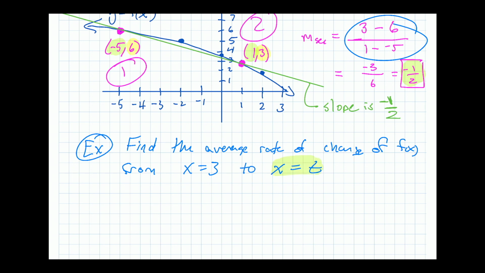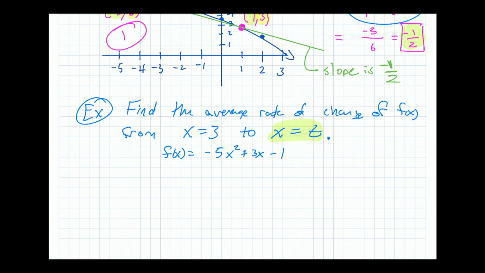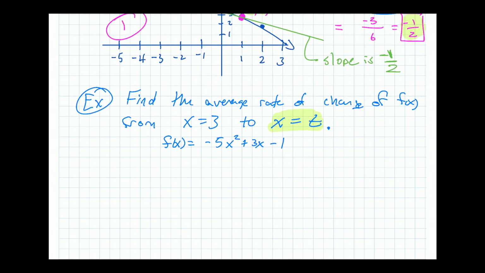So that's the new thing, right? That's not a number, that's a variable. And then of course we have to have a function. This time they're not going to give us a graph, they're just going to tell us what the function is. So f of x is negative 5x squared plus 3x minus 1. Okay, so that's what we need to do now, is find that average rate of change.